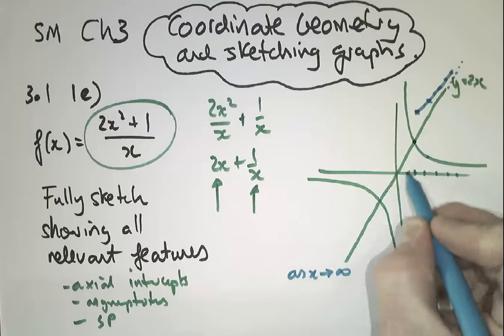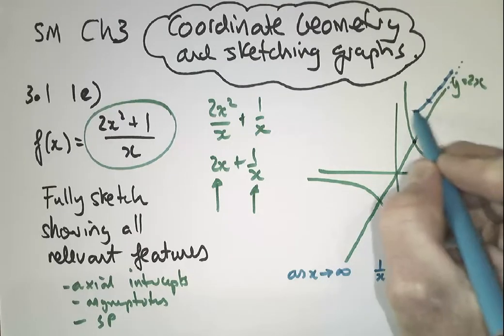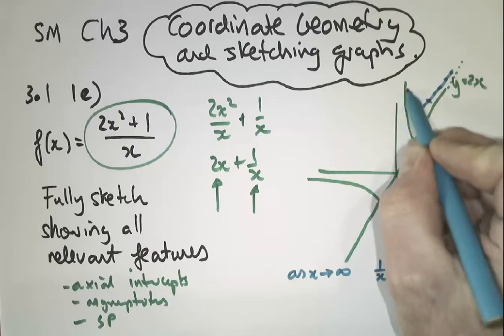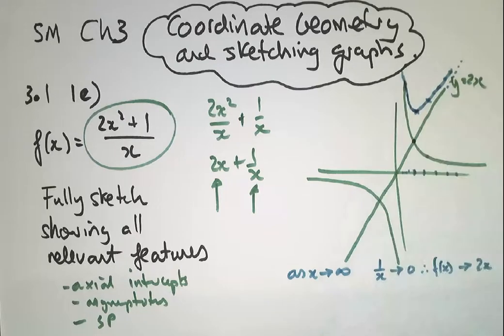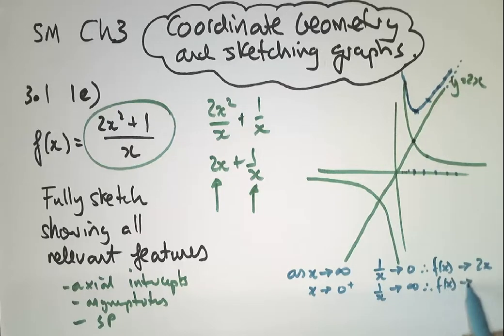As x gets smaller and smaller, we're going to get this turning and then approaching infinity, because as x approaches 0 on the positive side, 1 on x will approach infinity, therefore f of x will approach infinity.